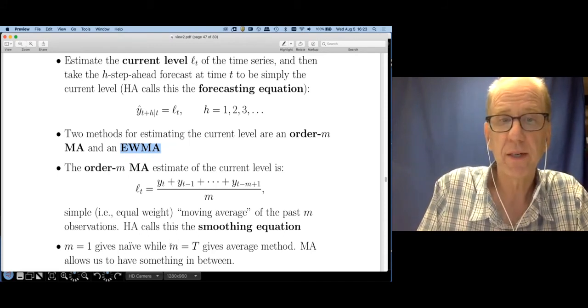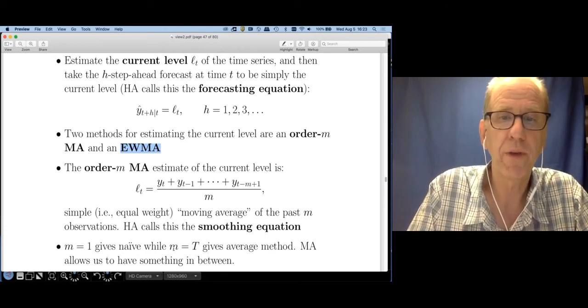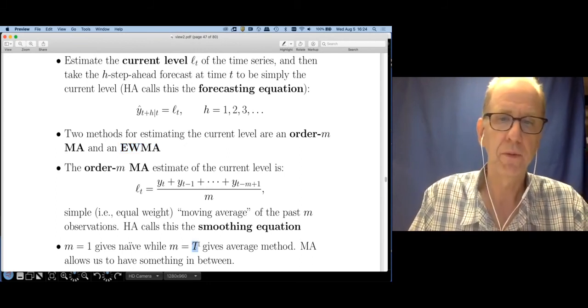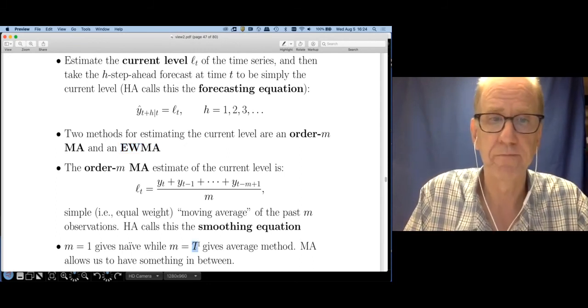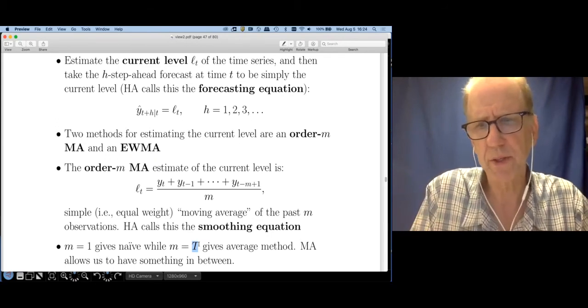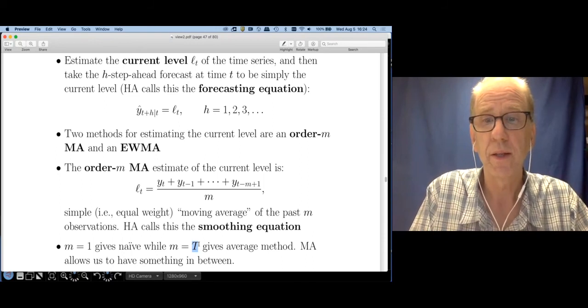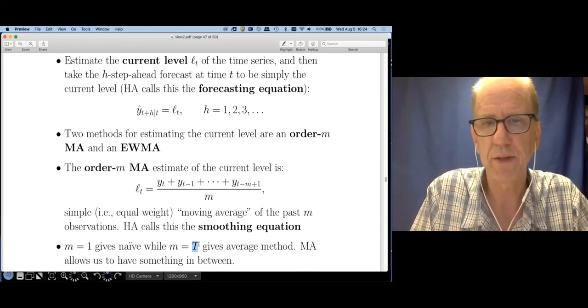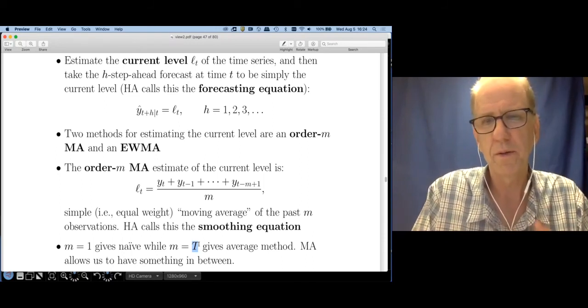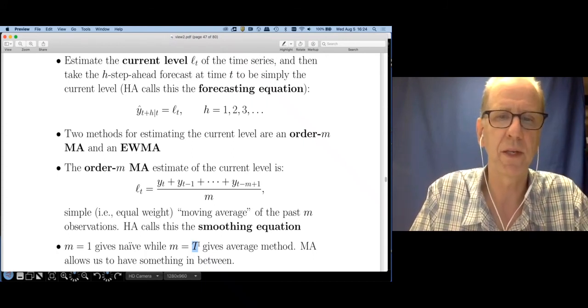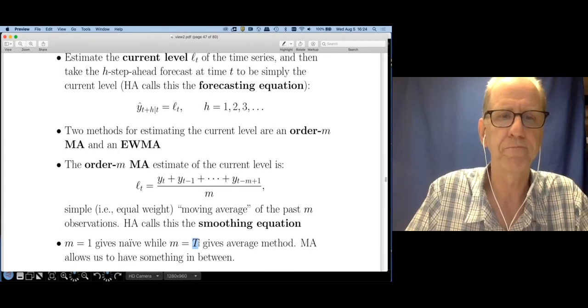If I were to take my order to be all the values so far, or if I use my entire training set, then that gives the average method. So we can think about this as the moving average giving us something in between the naive method and the average method. So you see we're getting to be a little bit more sophisticated than those simple methods, the baseline methods that I introduced in week 1.